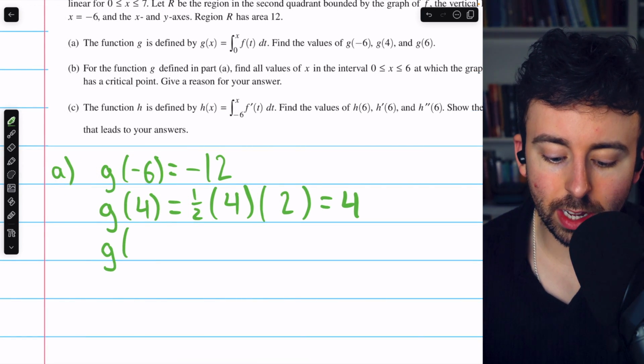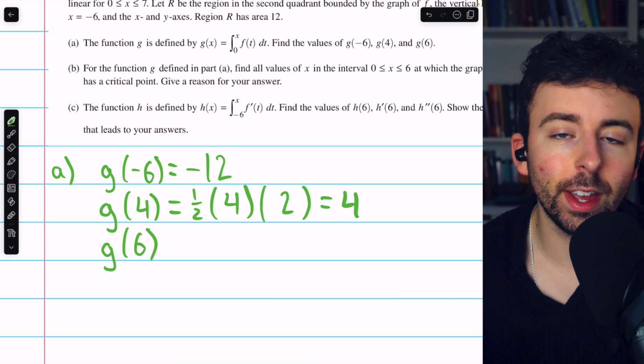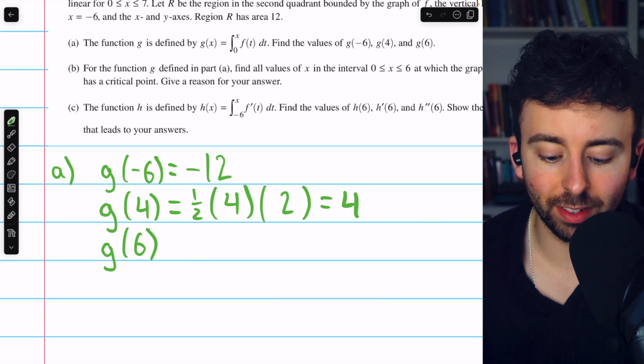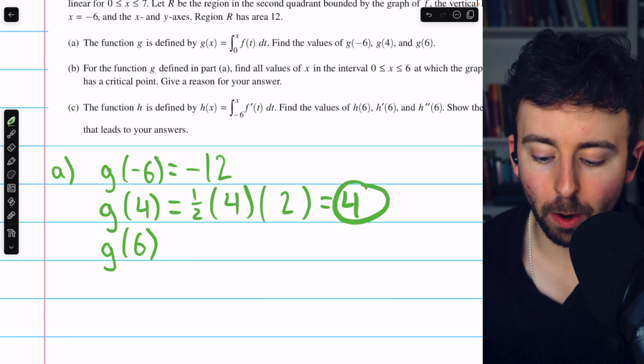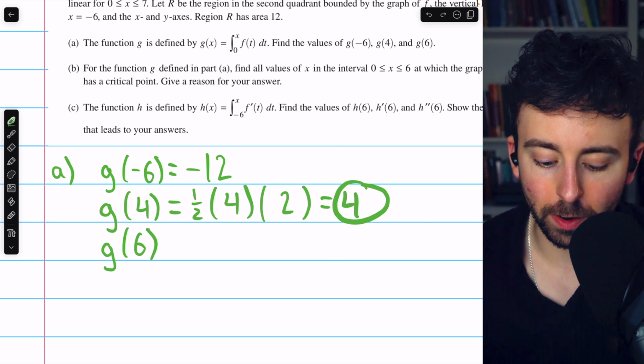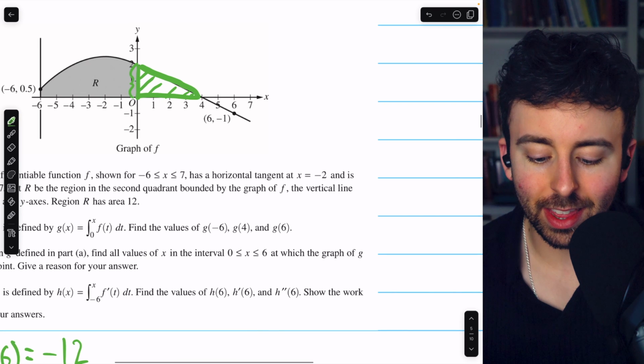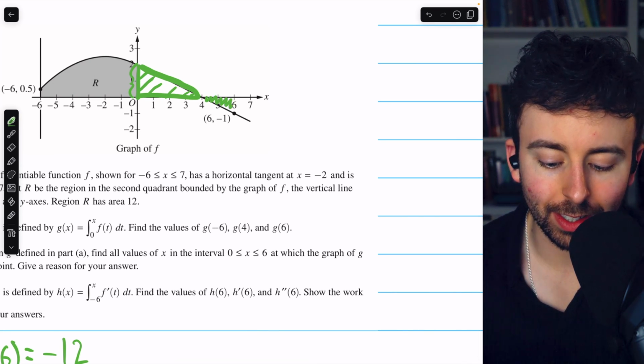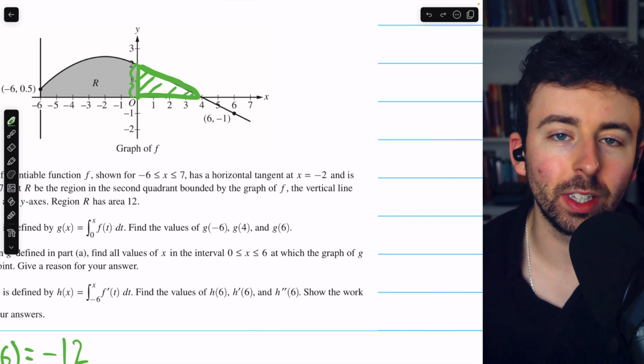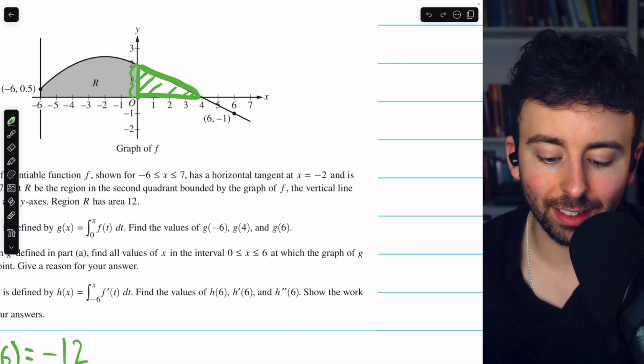Finally, for g of 6, we have to do the same thing, adding up area from 0 to 6. So that's going to be the area from 0 to 4, which we already calculated. It's just 4. And then we need to add this area from 4 to 6. And we can see that's going to be a negative area because the curve is now underneath the x-axis.